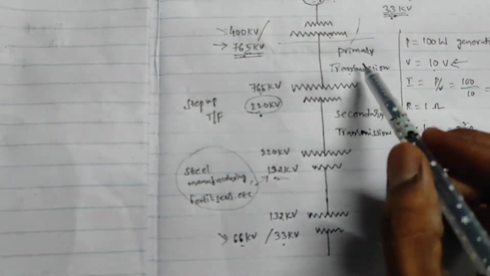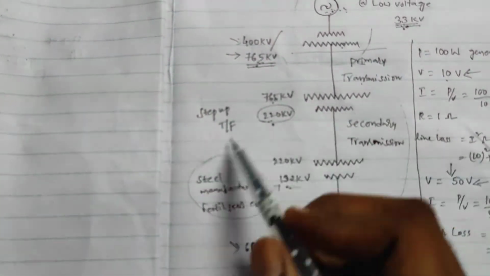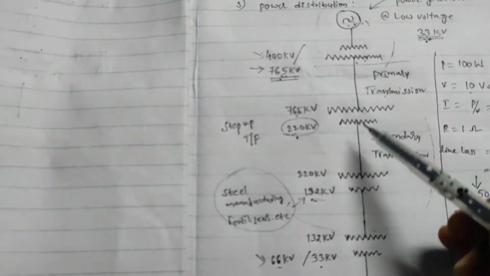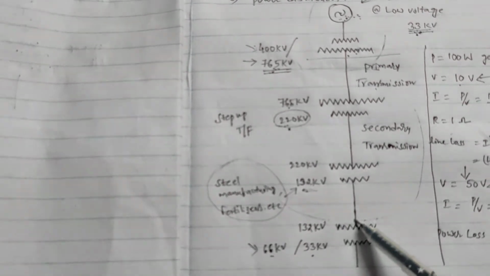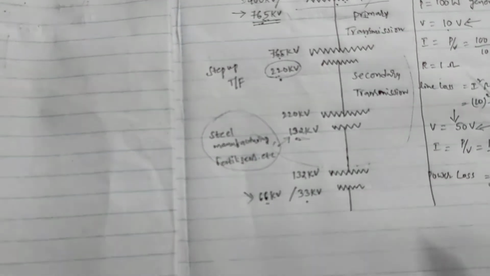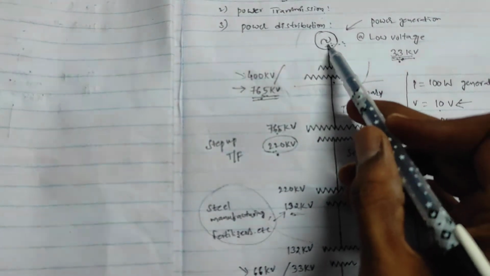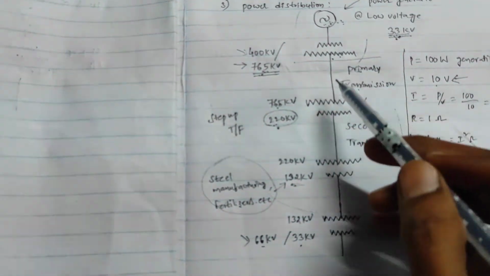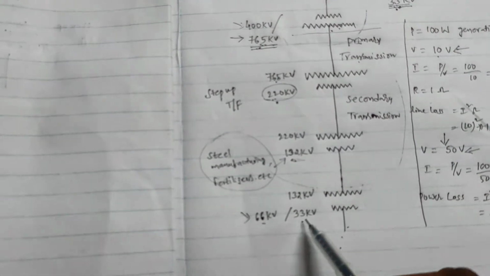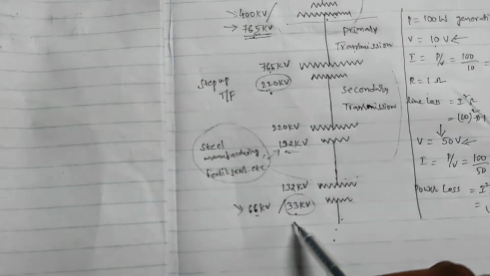Up to this point, from primary transmission to secondary transmission, we have the entire power transmission network, and thereafter from this point onwards we have power distribution, where the power that is generated from all different generating stations will be utilized, and at this voltage you have many consumer points.